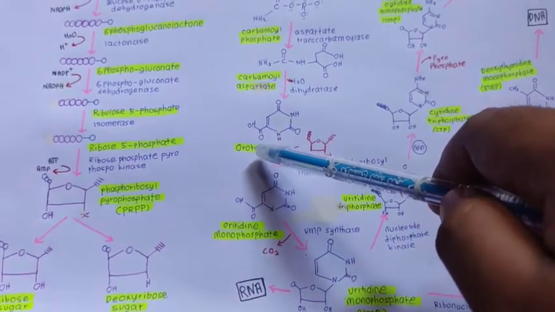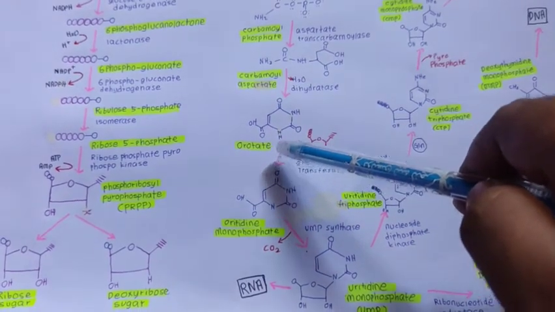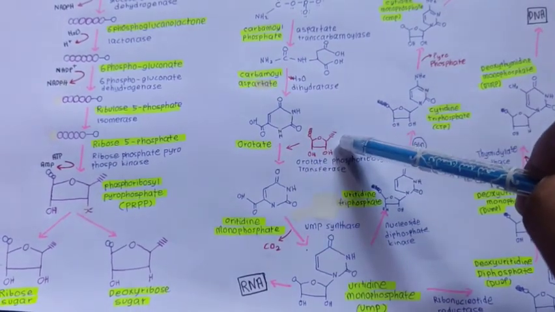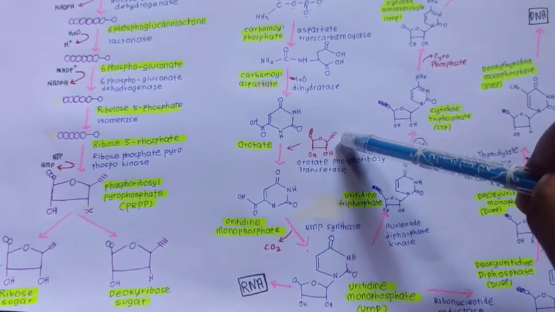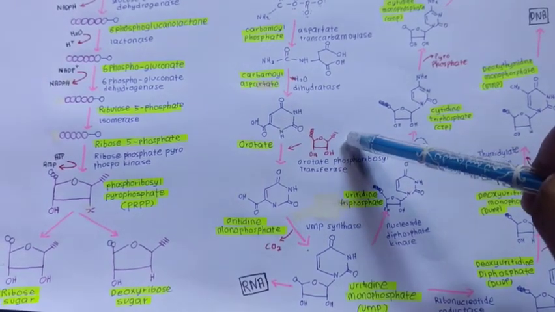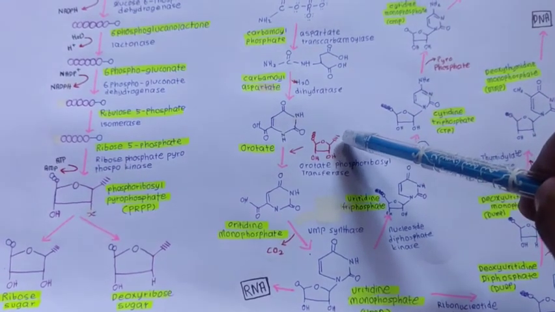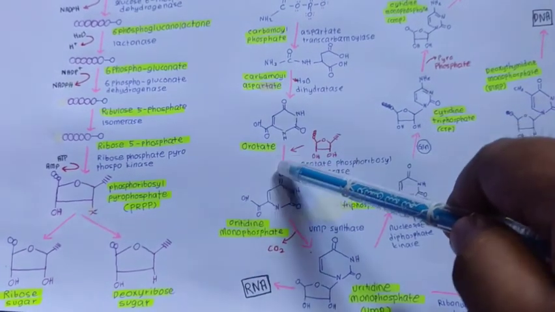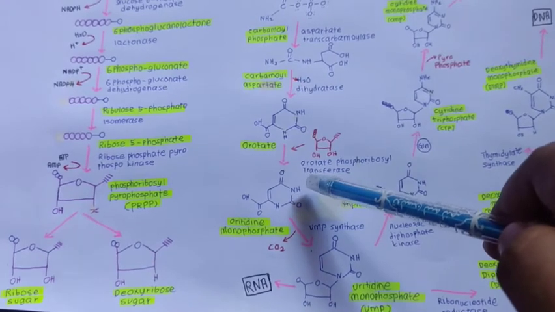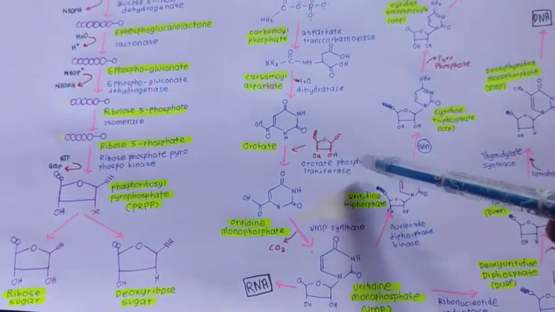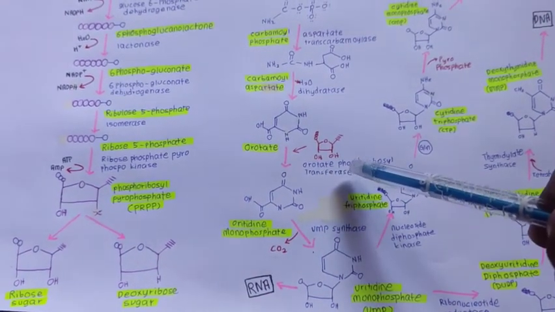Then, in this process, we must add PRPP. That PRPP we showed at the pentose phosphate pathway. To add PRPP, we need an enzyme called orotate phosphoribosyl transferase.